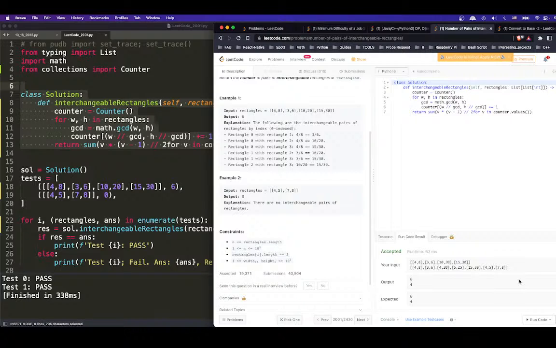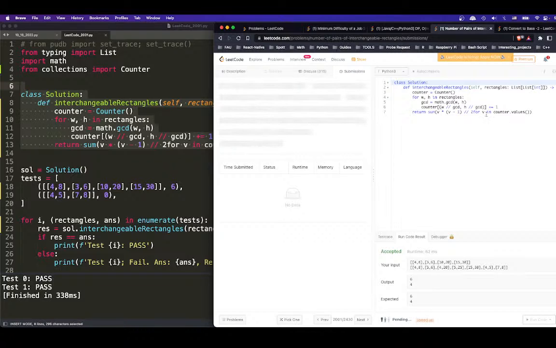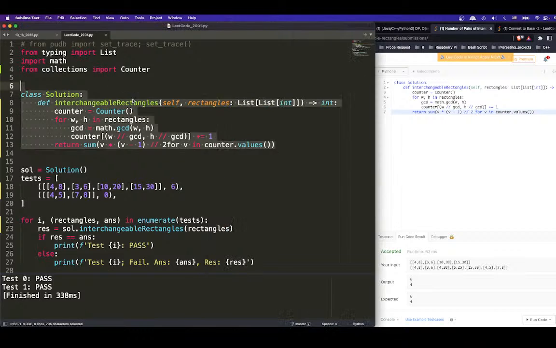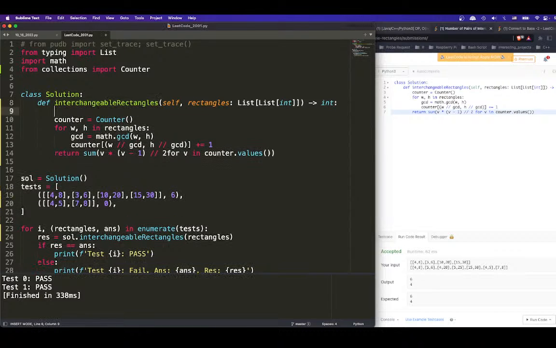Yeah, sounds about right. I mean, I don't know how fast this GCD is, but I think overall it should be fine. Oh, no, it should be this. Why so slow though? I mean, I remember GCD is slow for, you know what?